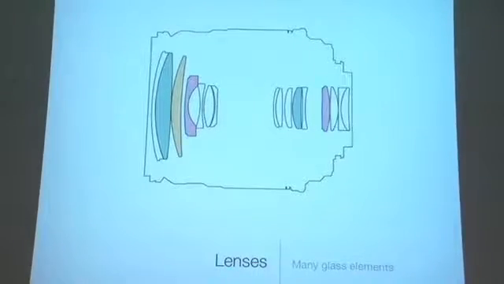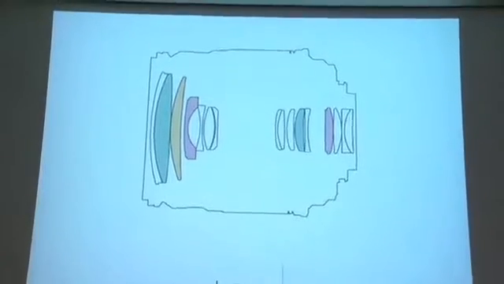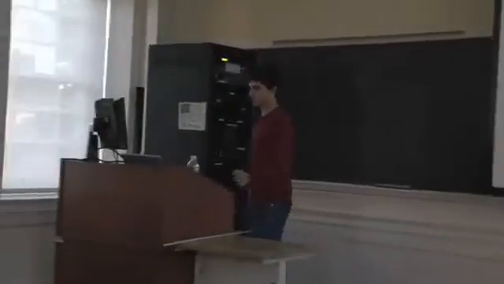In fact, there are many glass elements within them, and they're shaped differently, they do different things, and we're not going to really go into how to design a lens or what each of these particular elements do, but it is important to realize that these lenses are complex systems, and they're not that easy for us to comment on in a very quantitative way, much less perhaps be able to engineer them ourselves. If any of you are optical engineers, then you should probably be talking about this instead of me, just because it's very interesting, but it's also really, really complex.